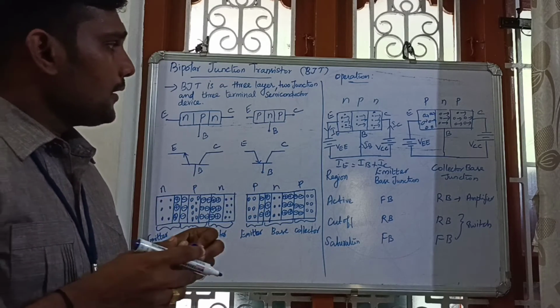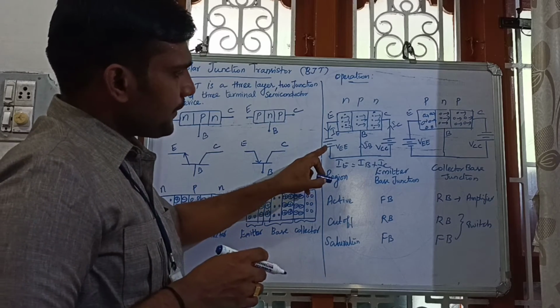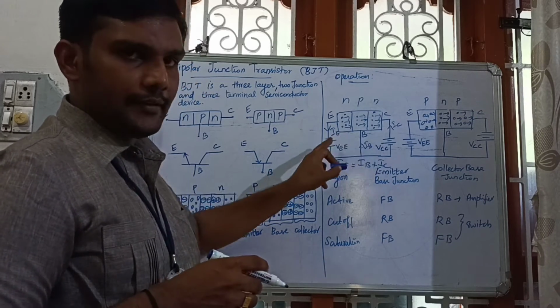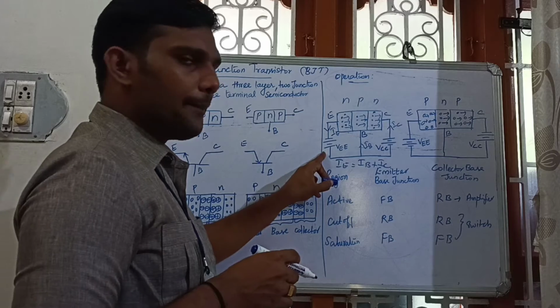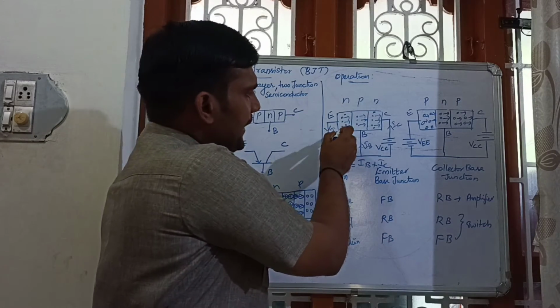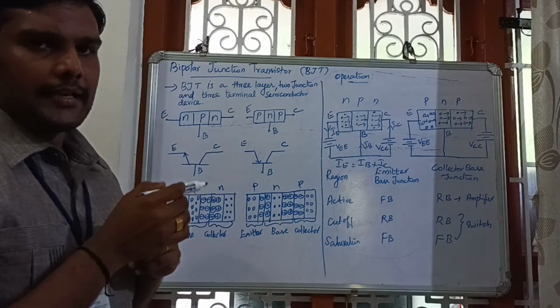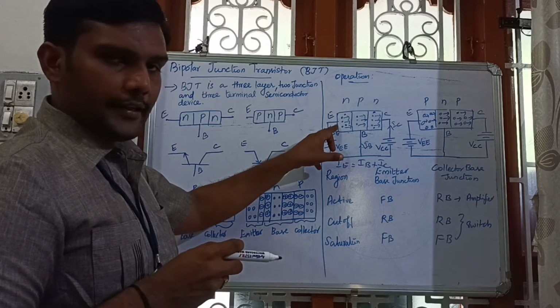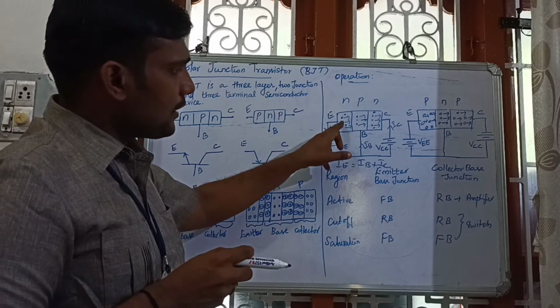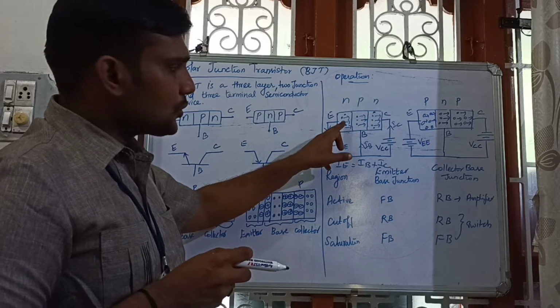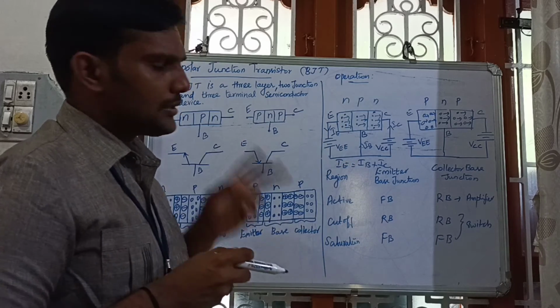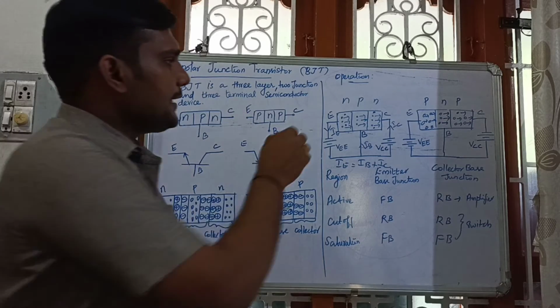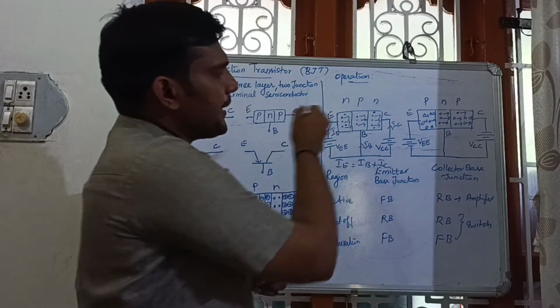Let us study the operation. If the biasing is provided like this, what will happen? Here in the N-type semiconductor, the majority carriers are electrons. The negative supply is given here, so the electrons, having negative charge, are repelled by the negative supply. So these electrons are pushed into the base region.